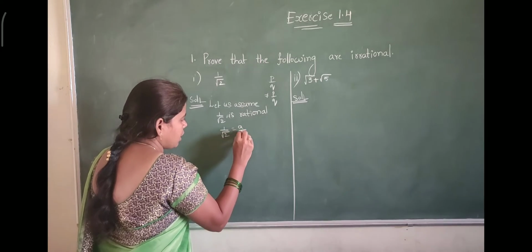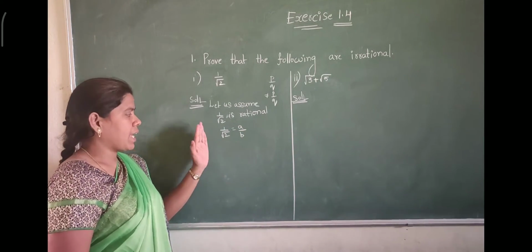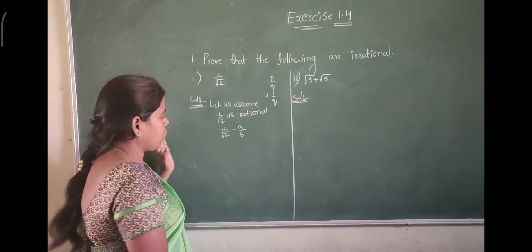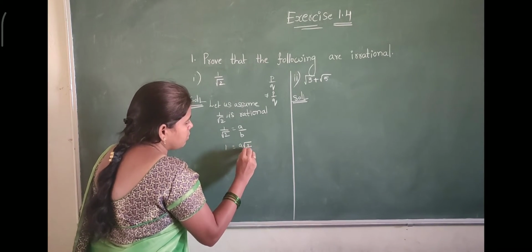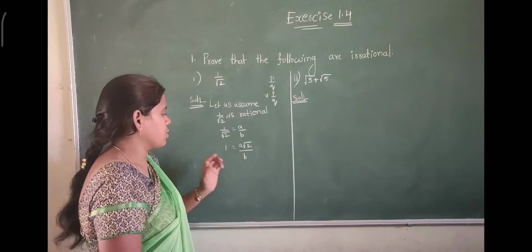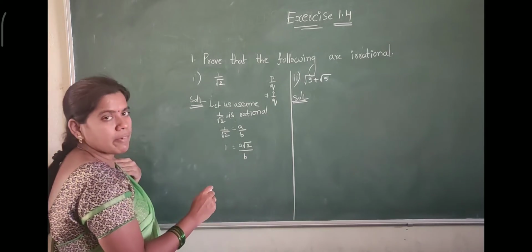So 1 by root 2 equals a by b. If you transpose root 2 from LHS to RHS, root 2 becomes a multiple of a. So, 1 is equal to a root 2 by b. Again, if you transpose b from RHS to LHS, b becomes a multiple of 1.